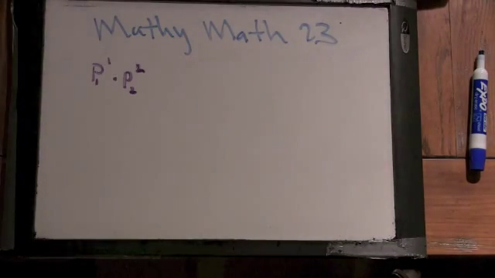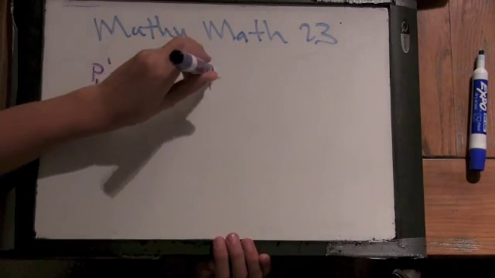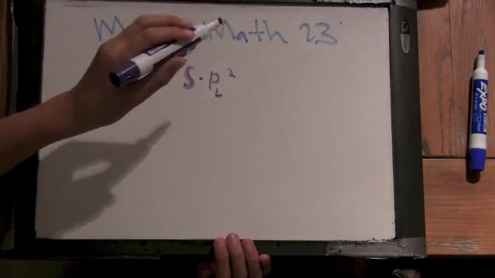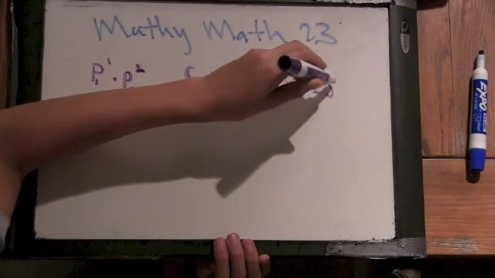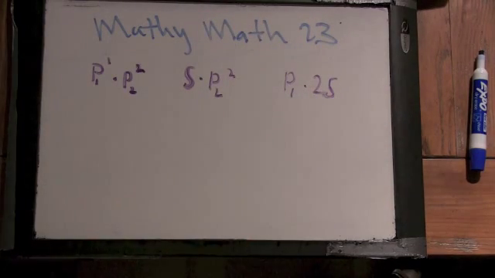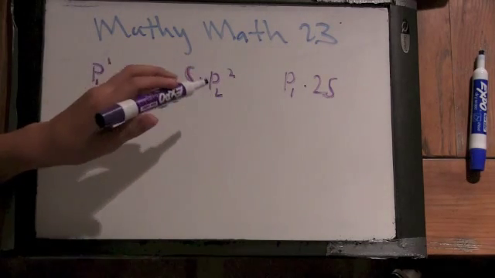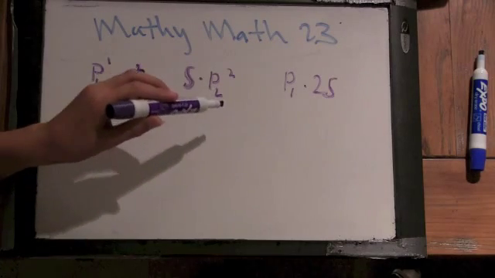Now we can try the 2 options for the other case: 5 times prime squared, or prime times 25. For the first, this has to be a prime number squared, and the square has to be bigger than 20, because 5 times 20 is 100.